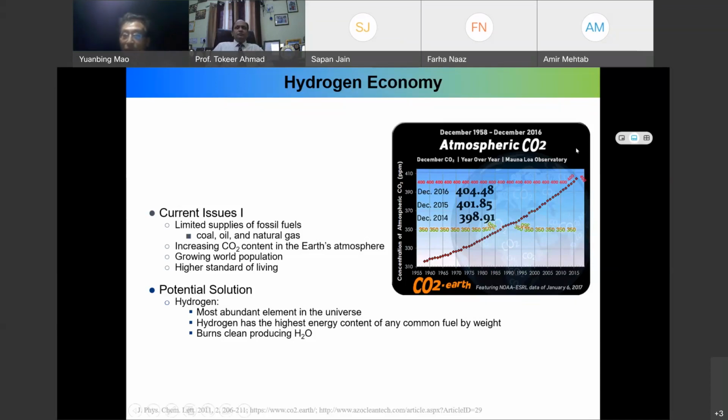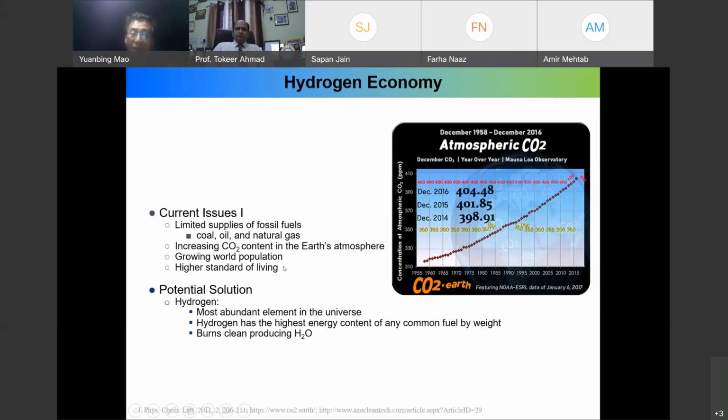If you look at this reading here, starting from 1955 to 2015, about 60 years, you can clearly see how much the carbon dioxide in the atmosphere has increased, from about 310 ppm to 400 ppm. That's quite an increase, right?